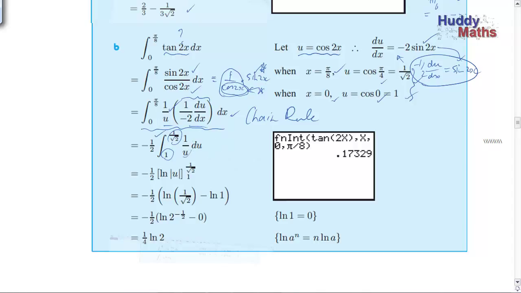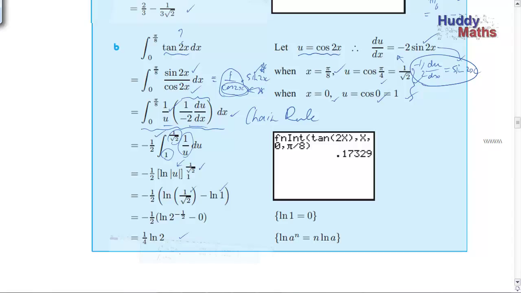The integral of 1 on u is ln modulus of u, because ln is only defined for positive values, so we've got to put that absolute value sign in, and we go from 1 to 1 on root 2. So we've got to put 1 on root 2 in minus 1 in. Okay, and then we can simplify it at the end.